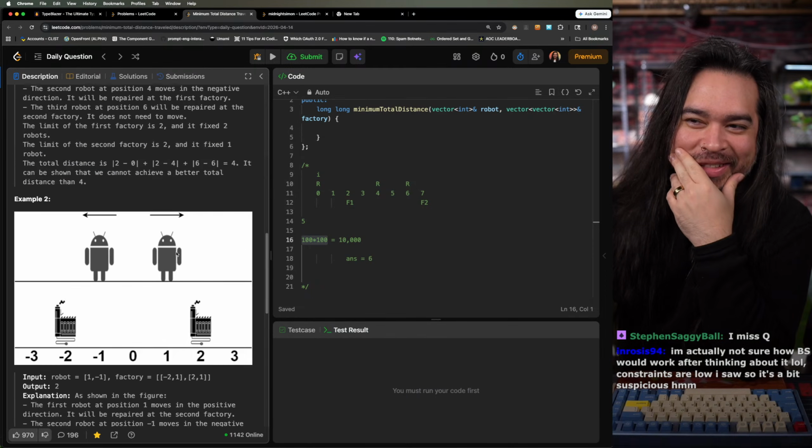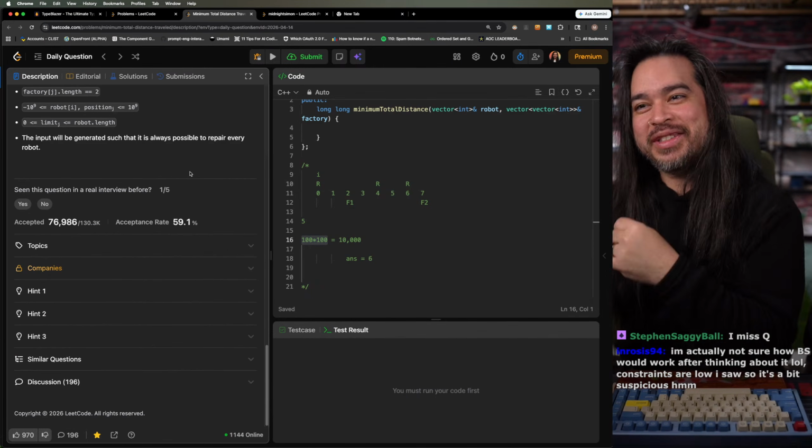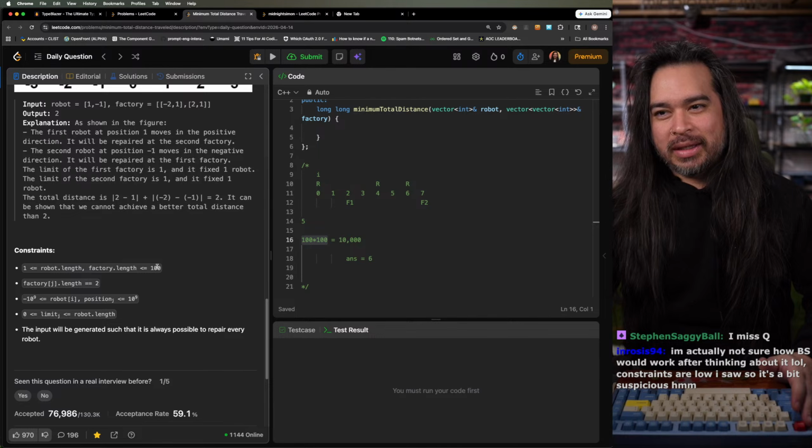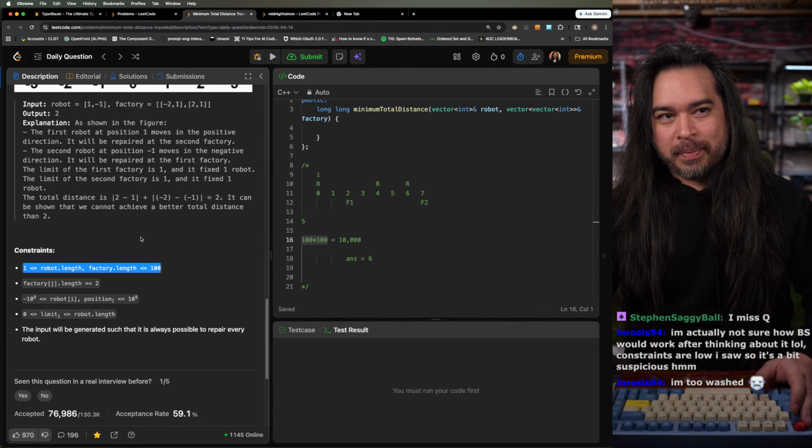Yeah, in Rosis. How is it so hard for this one, man? Constraints are pretty low.